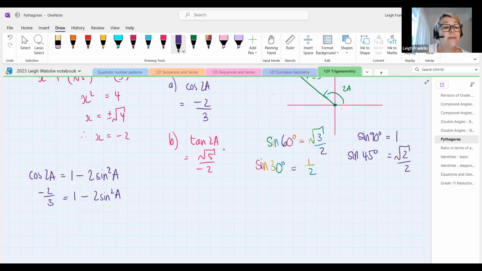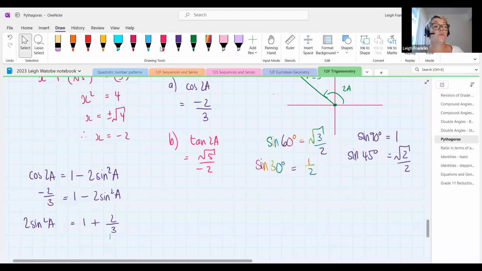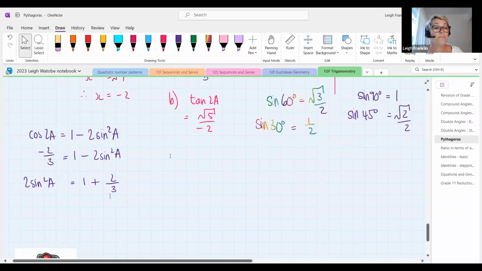What I'm going to do is take my minus 2 sine squared a over to the other side and change its sign, which gives me 2 sine squared a. Then I'm going to take this over to the side, so it's going to be 1 plus 2 over 3. Now I don't have to work with negatives anymore.